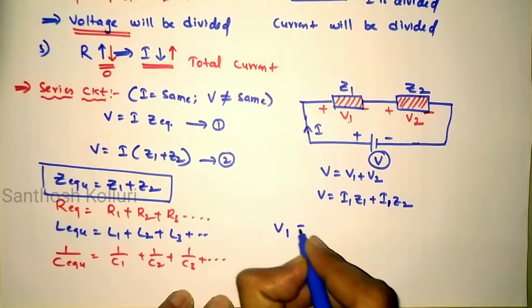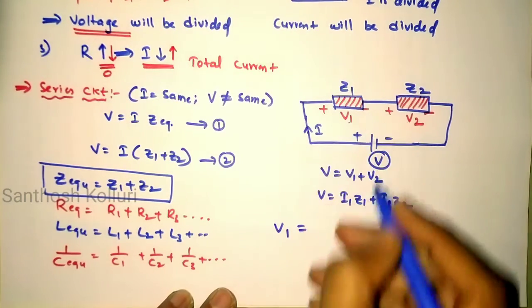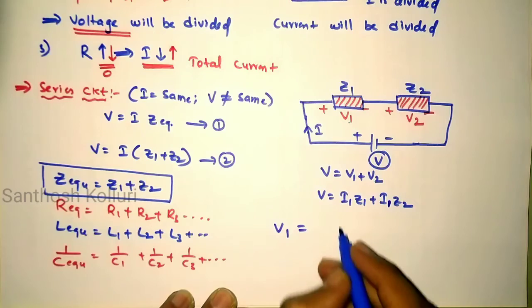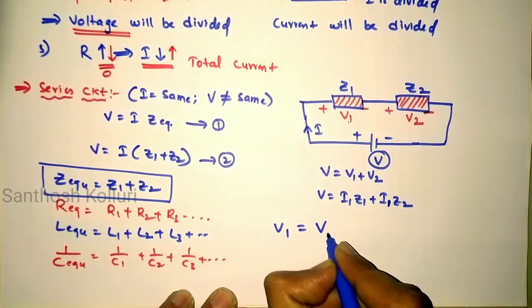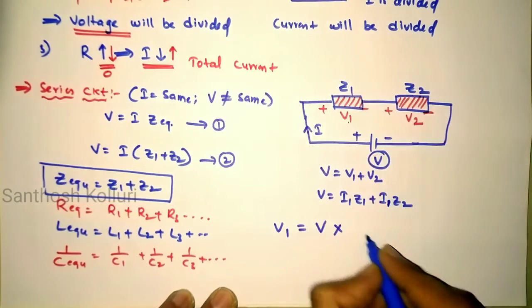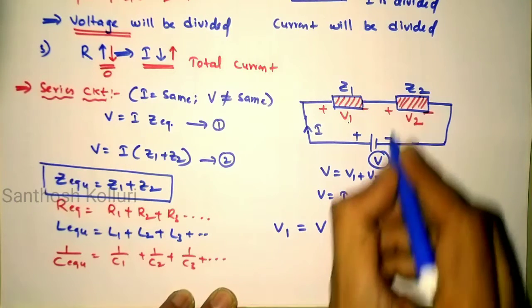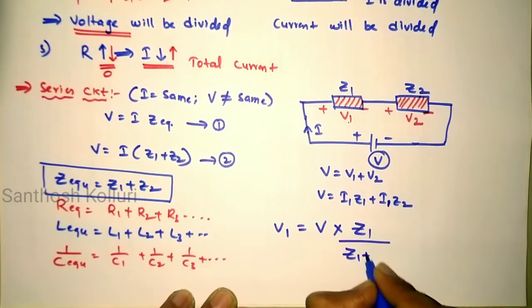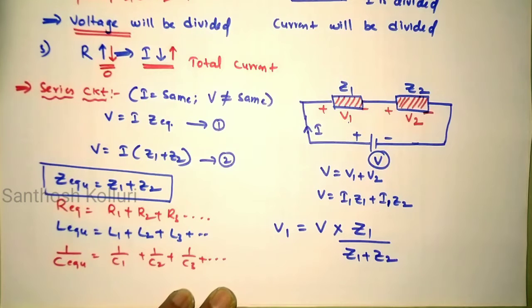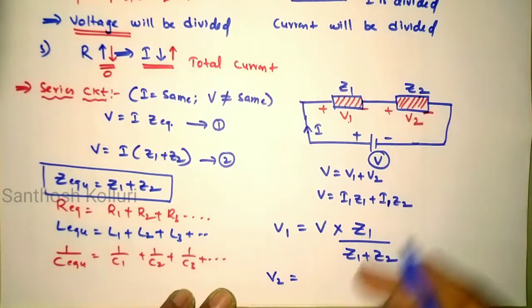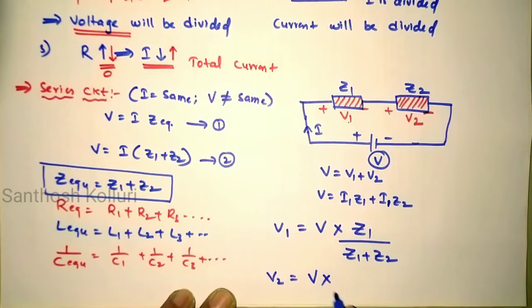As per the voltage division rule, V1 is equal to total applied voltage V into impedance Z1 divided by total impedance Z1 plus Z2. Similarly, the voltage across the second element, V2, is total voltage V into impedance Z2 divided by total impedance Z1 plus Z2.